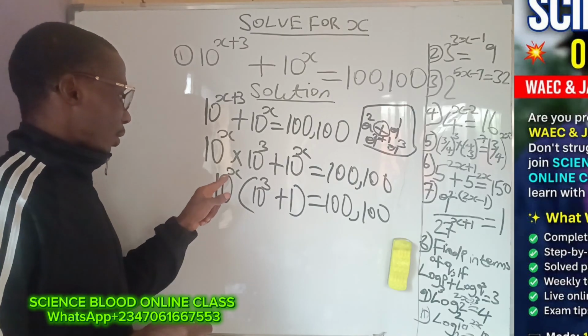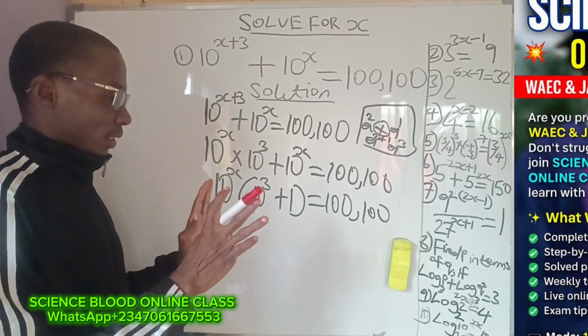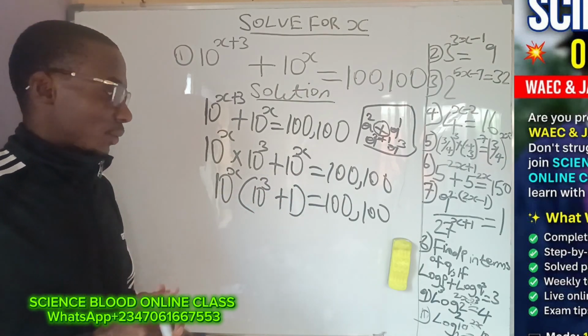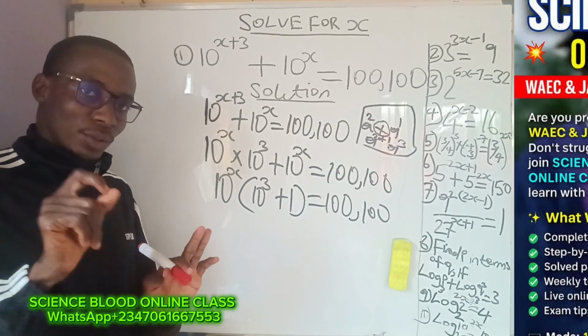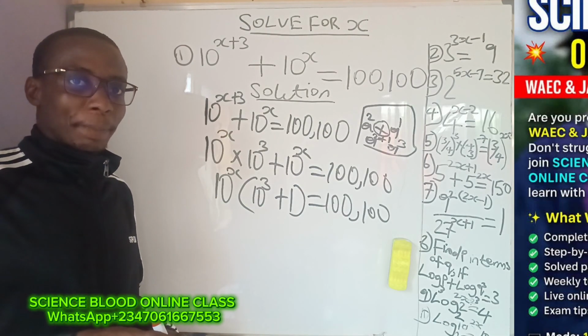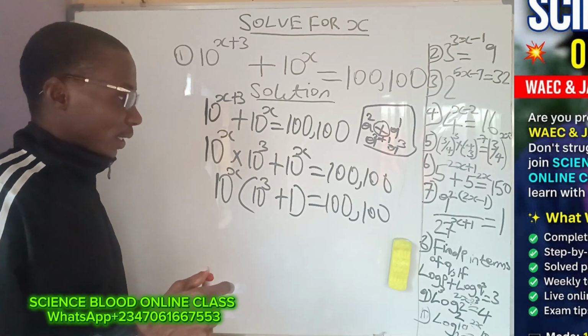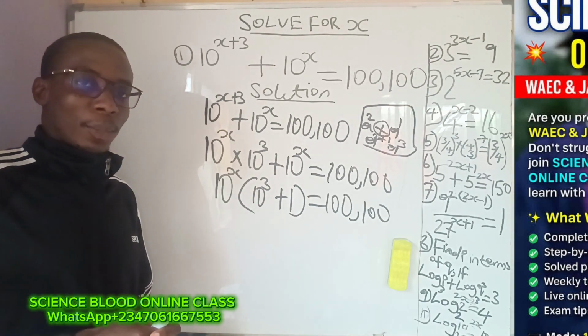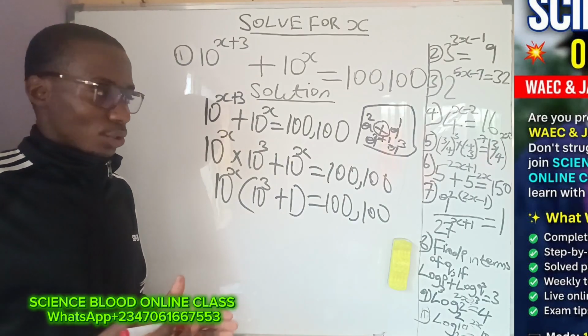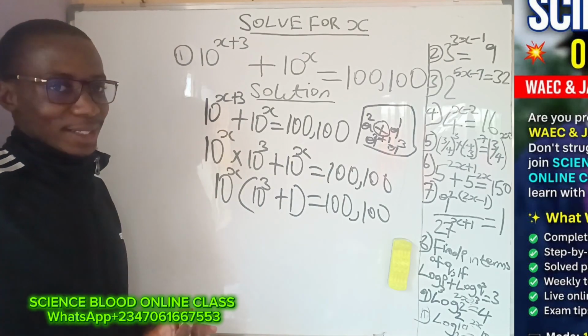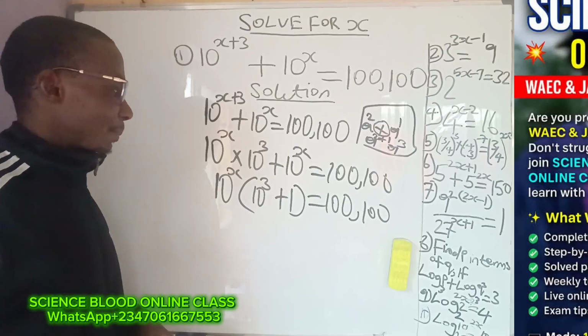And when 10 to the power of x is multiplied by 1, you get this. So the thing is balanced. Take note. If there's any place you don't understand, please notify me in the comment section and I will explain better, or chat me up on WhatsApp through the number showing on your screen. Pay attention, so you understand it directly as I'm doing it here.